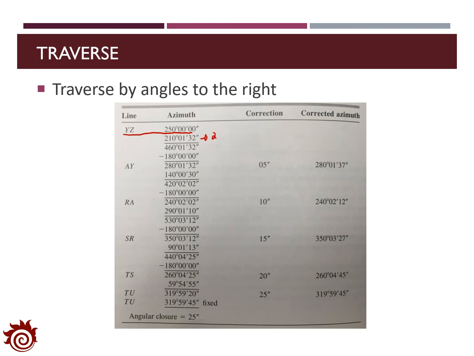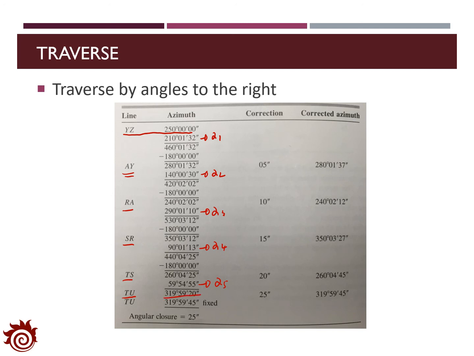This is alpha 1, alpha 2, alpha 3, alpha 4, and alpha 5. We can then use this information and the equation in the previous page for the calculation of all the backward azimuths. And eventually we will find out the azimuth of the line TU.